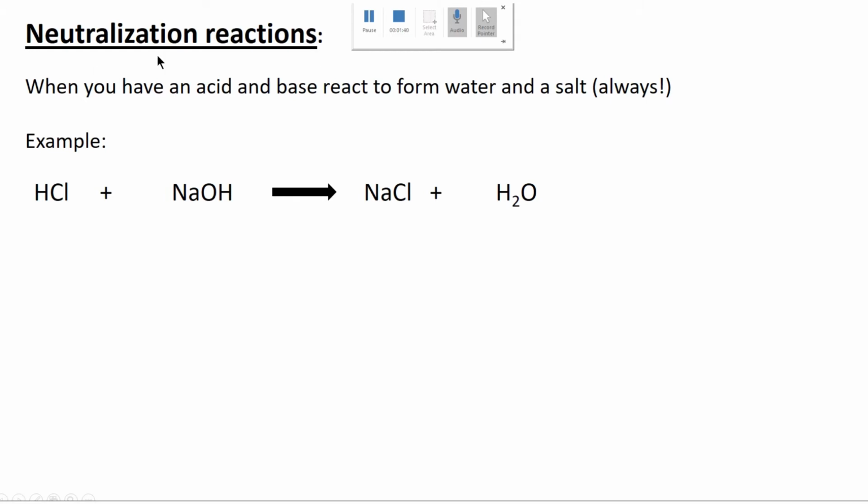All right, so neutralization reactions. This is what happens when you mix an acid and a base together, and it forms water and salt. So we have an acid reacting with a base. It's going to form salt and water. Always, at least in this class.